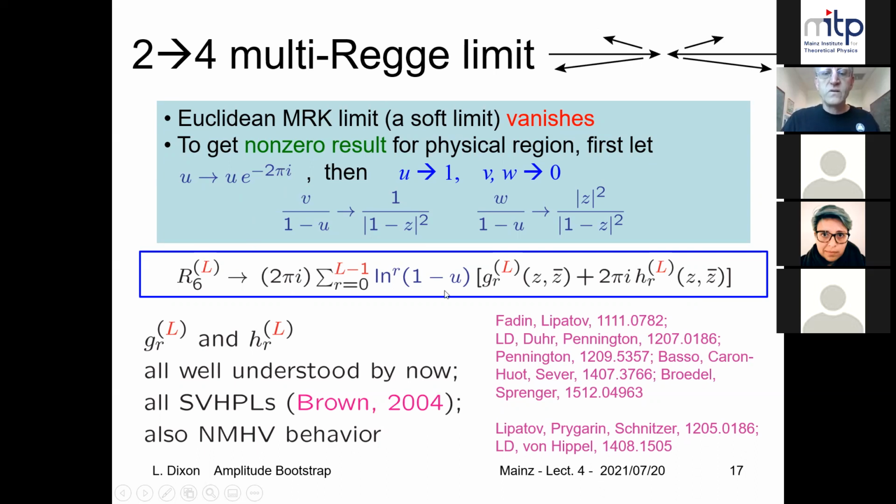And there's also, for high values of R, those will be at lower weight because of these powers of logs of 1 minus U. So there are a set of functions here that can be constructed from a multi-Regge prescription and also serve as targets for ansatz in the same way that the near collinear limit provided constraints.